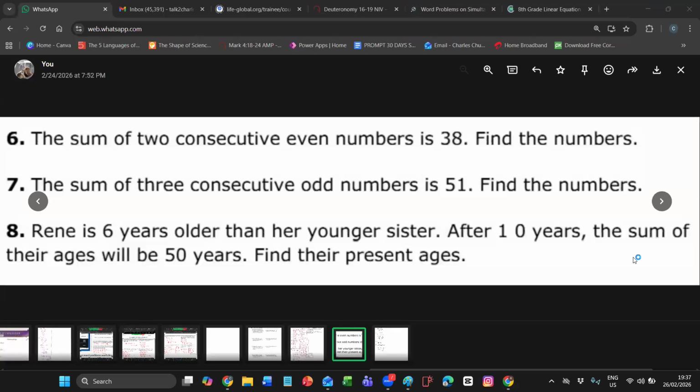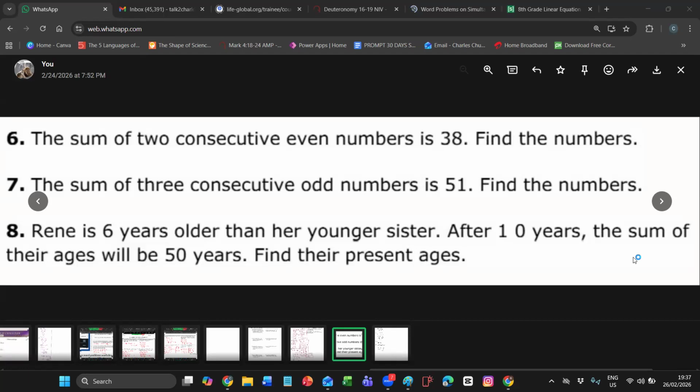Sum of two consecutive even numbers is 38. Find the numbers. Okay, so what equation did you come up with? x plus bracket x plus 2. Okay, nice. Equals 38, right? Yes, sir. Okay, that's good.